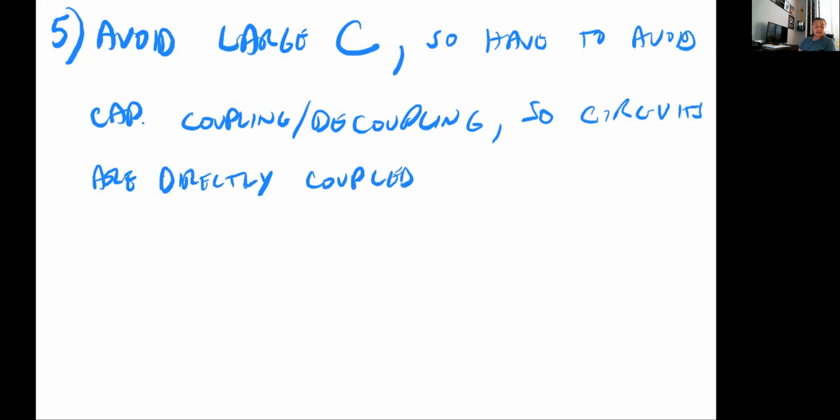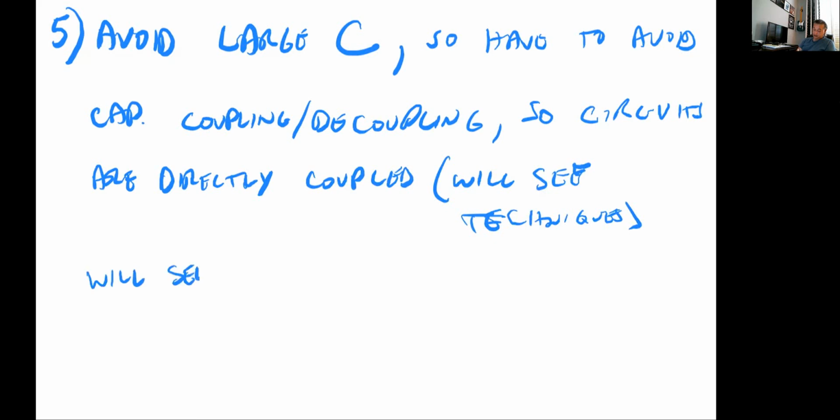So that presents a design challenge. We'll see some techniques to do that, for coupling and decoupling.